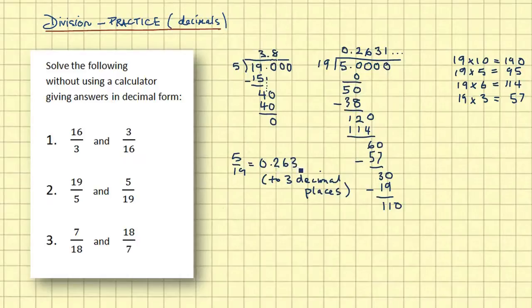We just keep it as 263, and so that's our answer to 3 decimal places, and DP is a good abbreviation for that.